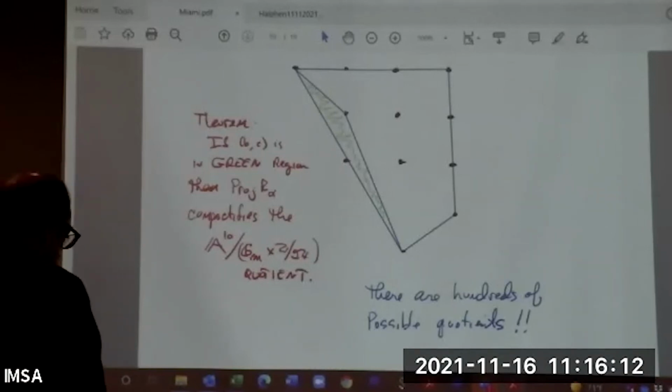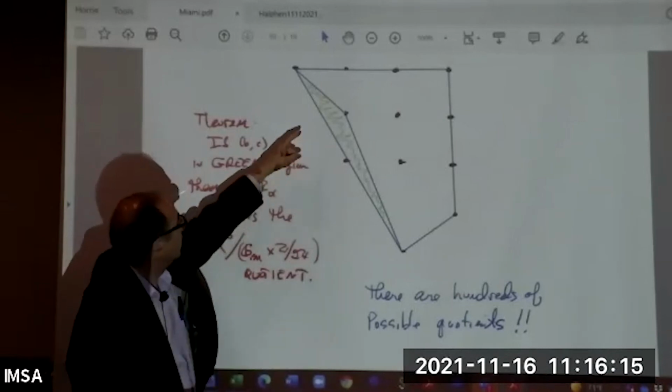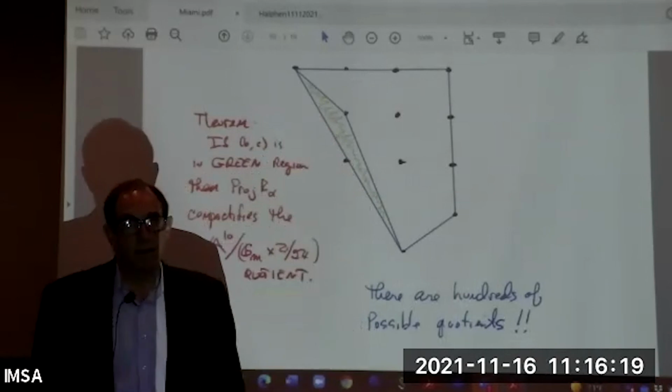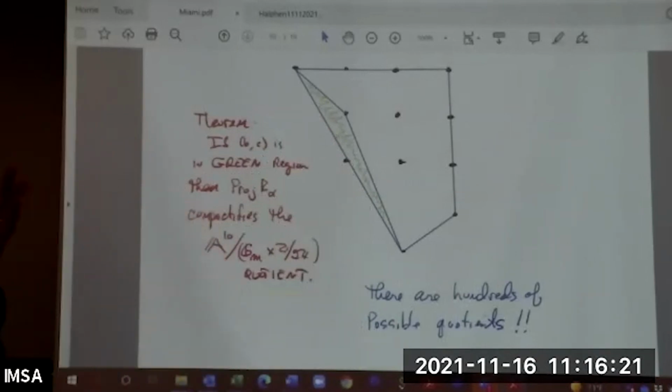And the theorem that we're able to prove is that if you choose your BC in this green part, this little green strip on the south and west part of the quadrilateral, this is a compactification of the other quotient. If you cross over, you get other quotients which are not compactifications of the first one we constructed.